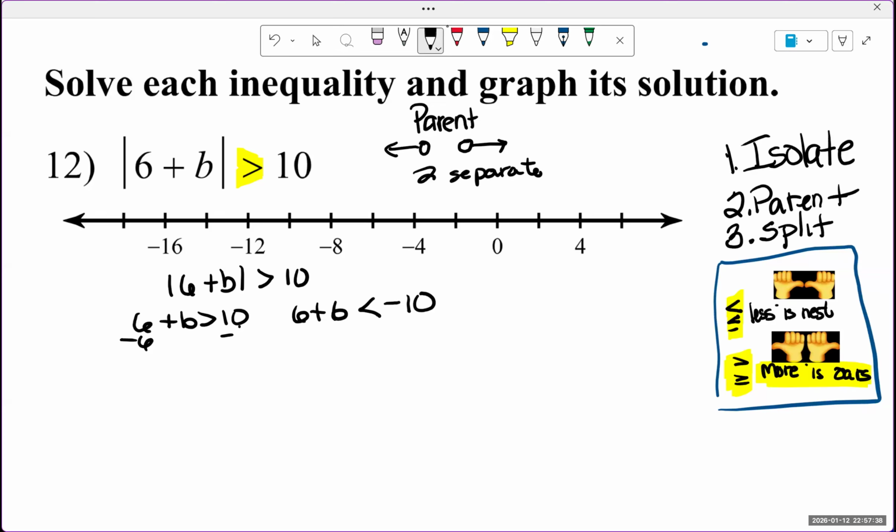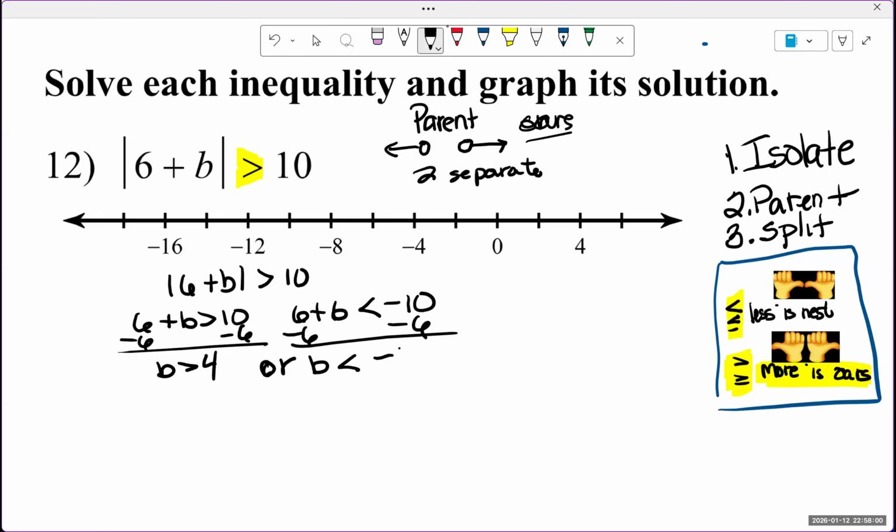Okay, so solve for b. b greater than 4, or, right? This is ors. Or b less than -16. Okay, so -16 and 4. Greater than 4.